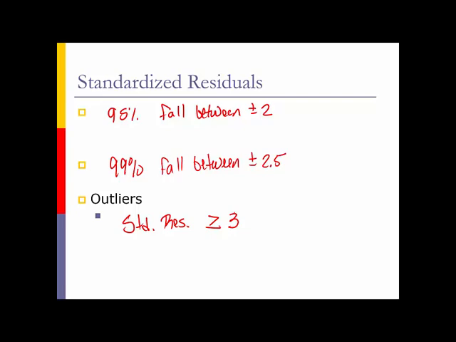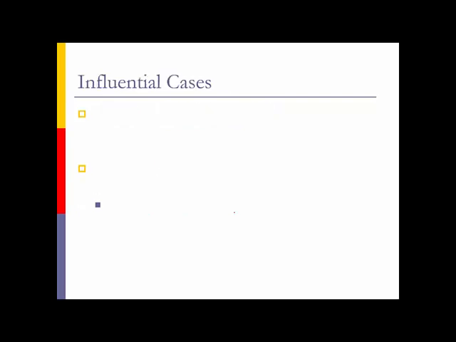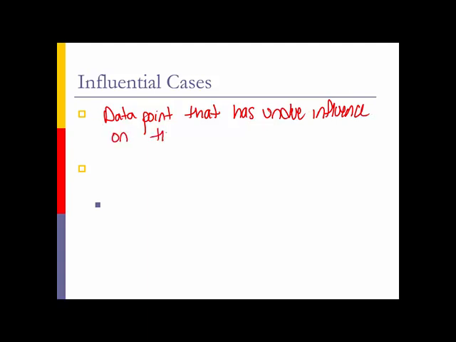If that is the case, we definitely have an outlier, or it's more likely to be an outlier, statistically speaking. All right, what's an influential case? It is one data point or a group of data points that has undue influence on the parameters of the model.